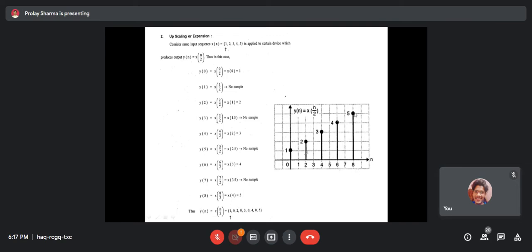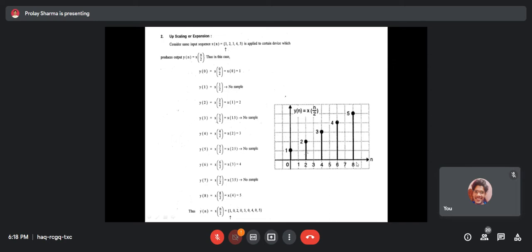That means at the even integers we are getting sample values, but in between, at the odd numbers, we are not getting anything. Earlier the time scale was 0, 1, 2, 3, 4. Now how much is the time scale? 0 to 8. That means in time scale the signal gets expanded.